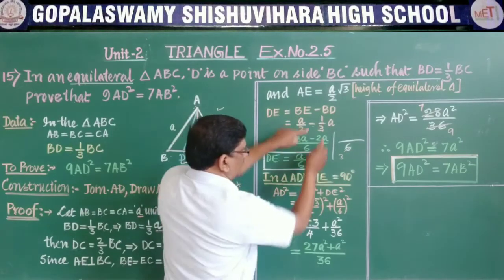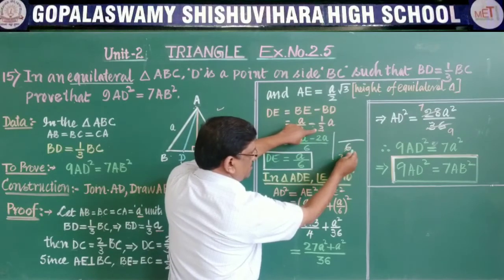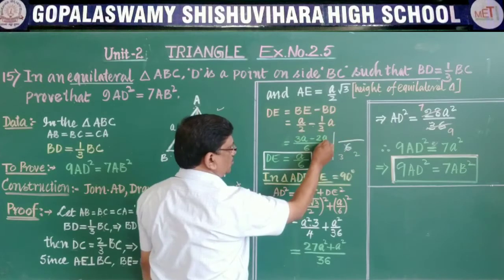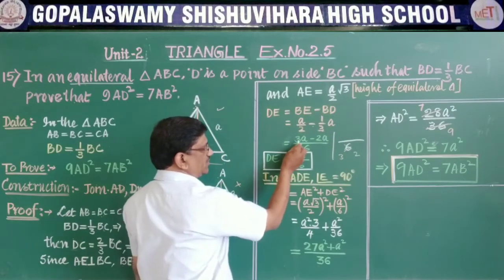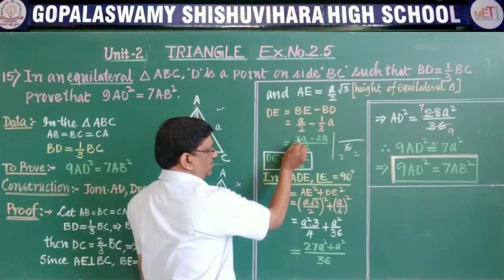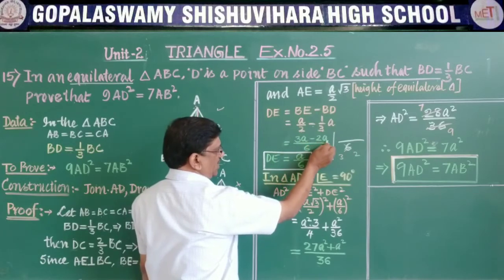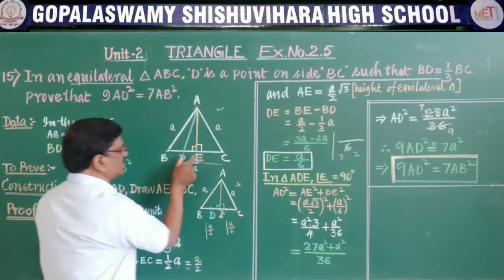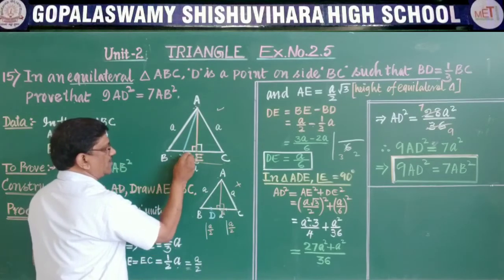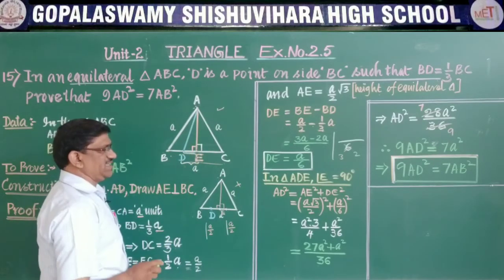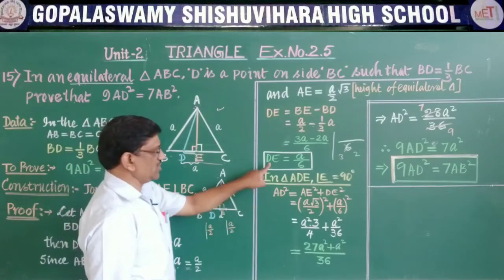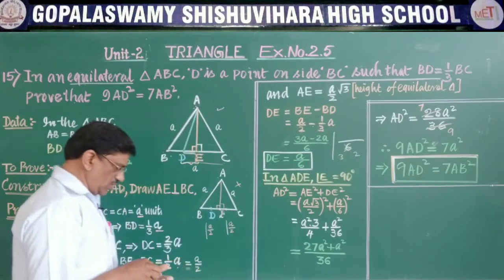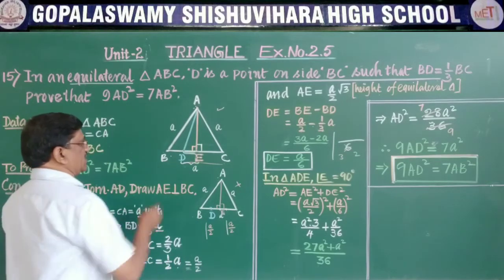It is 6. 3 how many times is 6? 3 2s are 6, so 2 into A is equal to 2A. Now what we got in the numerator? It is 3A minus 2A divided by 6. This is nothing but the length of DE. Clear, children? So the length of DE is equal to A by 6. Now you consider the triangle.